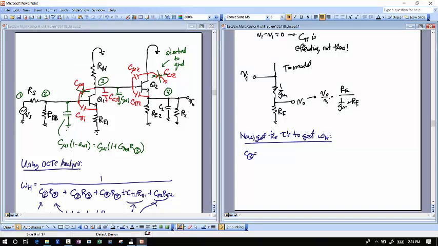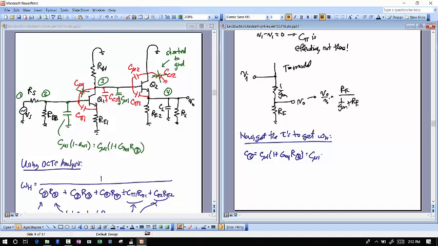You tell me. I got this C mu 1, right? So that Miller capacitor, C mu 1 times 1 plus that big GM of 1 times the total resistance at 3. What is that big GM 1 times total resistance at 3?